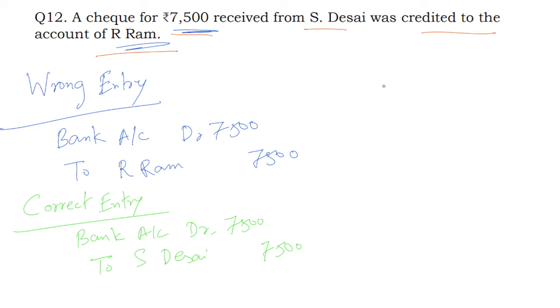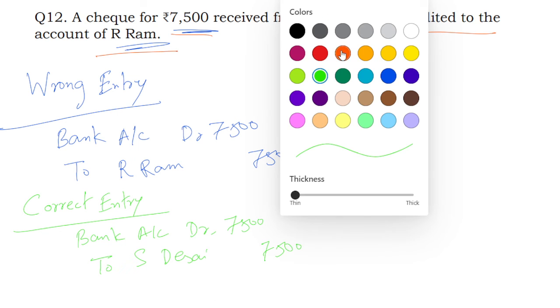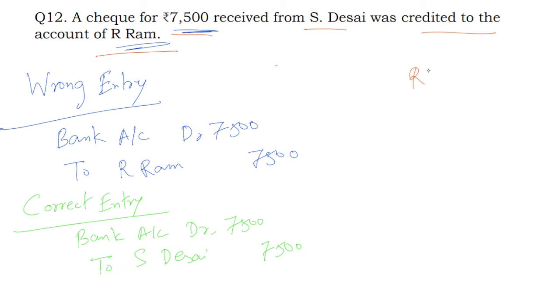So the rectification entry is very easy. There is nothing tough. For bank, there is nothing we have to do. It is the same. We will debit the wrong one, R Ram. Simply we will debit R Ram, because it was wrongly credited, to S Desai.